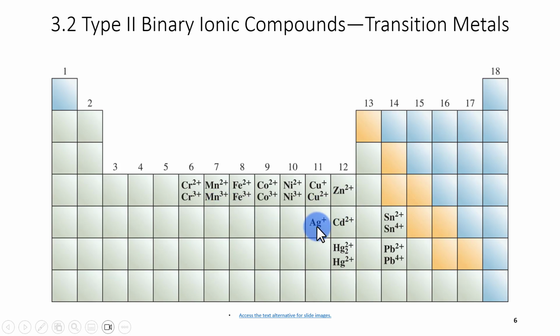Silver forms a +1 only. Cadmium and zinc form a +2. Those are exceptions. So even though they're in the transition metals, they only form ions with one charge. These are the same as group 1, which forms a +1 only, group 2, which forms a +2 only, and aluminum, which is over here, that forms a +3.